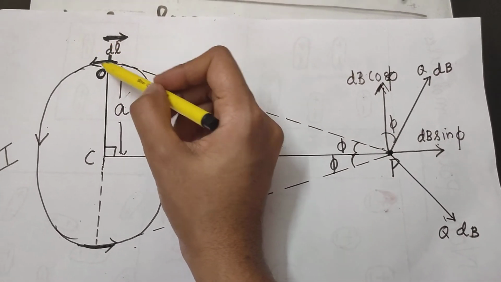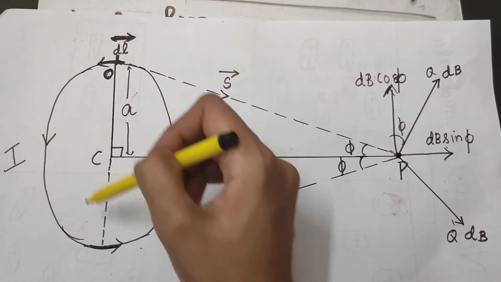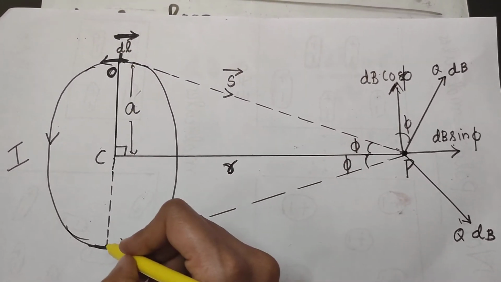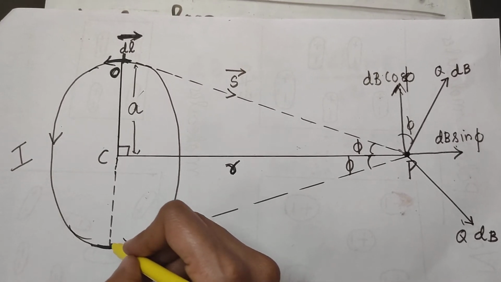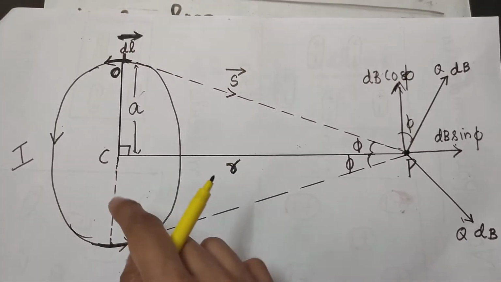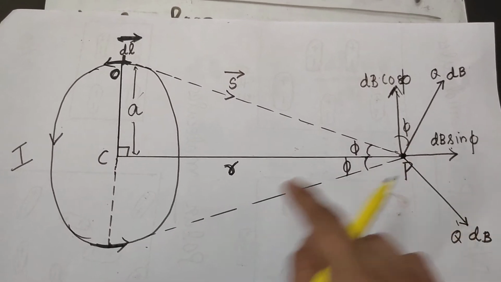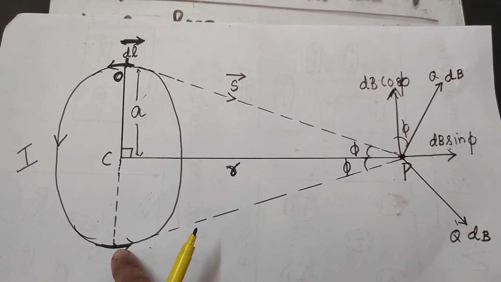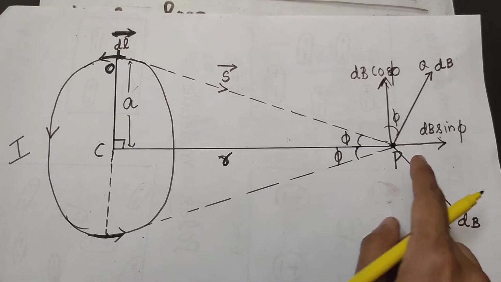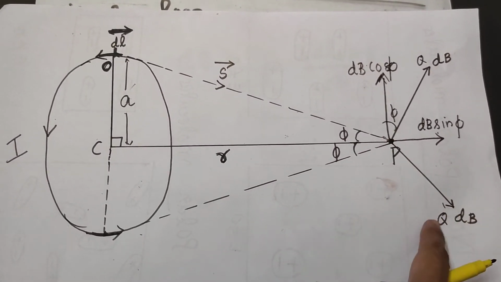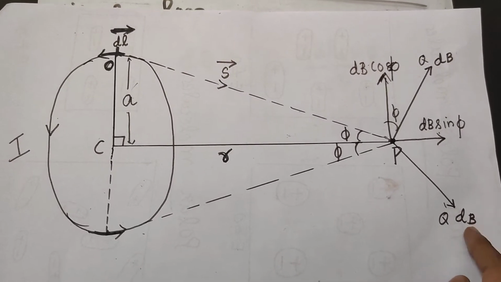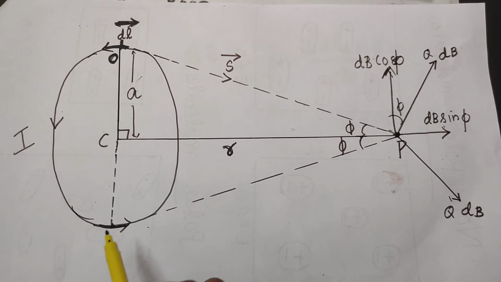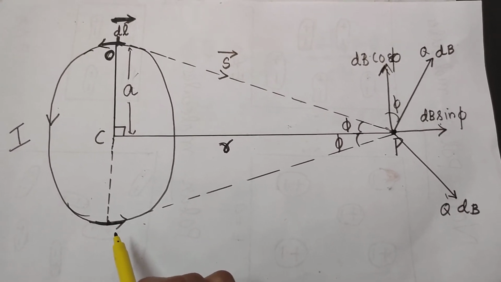For this element, if you consider this loop, it has a diametrically opposite point. This is the diametrically opposite point of this. Then the magnetic field is also contributed by this current element. So we have to consider that, and this PQ dash represents the direction of the magnetic field contributed by this current element, and it must also be resolved into component form.